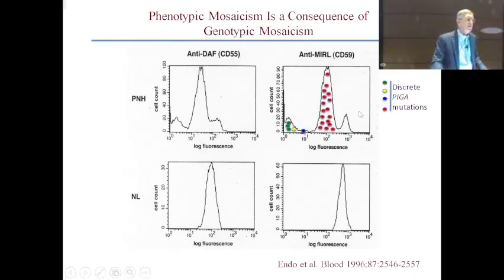Now, the genetic basis for this is also understood. If you tease apart all of the different PIGA mutant cells in this particular patient, you can identify at least 4 different genotypes. The genotypes that completely inactivate the PIGA gene result in the PNH3 cells.